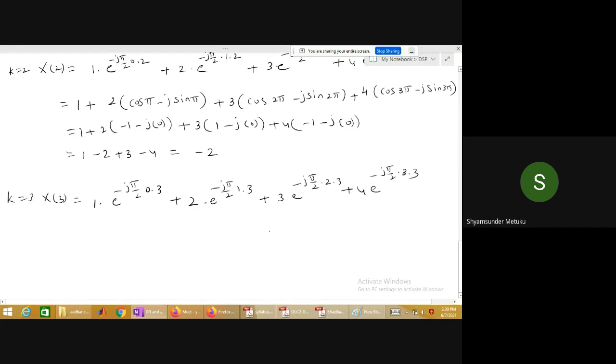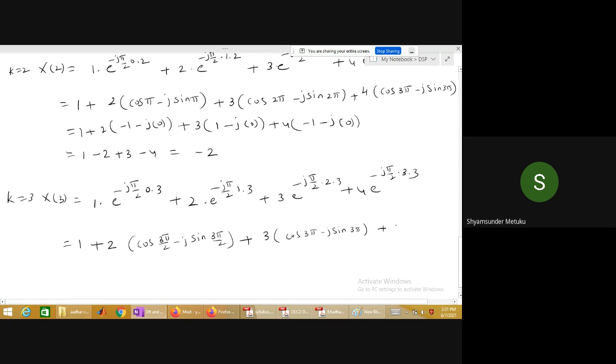Yes or no? So again, 1 into e power 0 is 1, plus now you tell me cos 3 pi by 2 minus j sin 3 pi by 2, plus 3 into cos 3 pi minus j sin 3 pi.